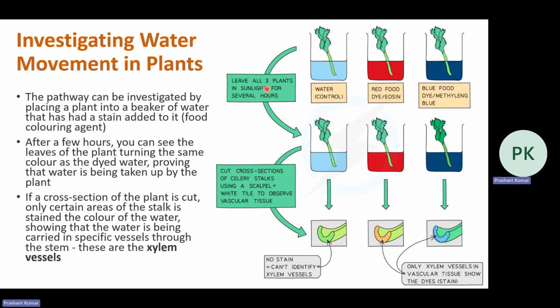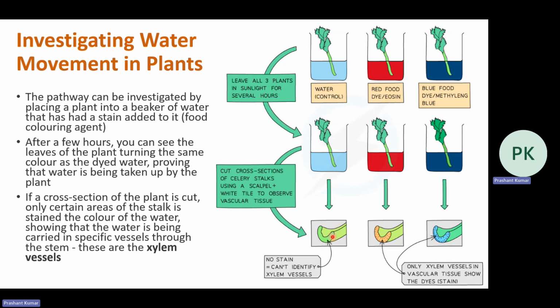So what will happen in the sunlight? Transpiration will take place, right? And water will go up and go out into the atmosphere. After 2 to 3 hours, when we cut the cross section of these stems, what we find is that in the first case, where there was just water as a control, there is no stain.